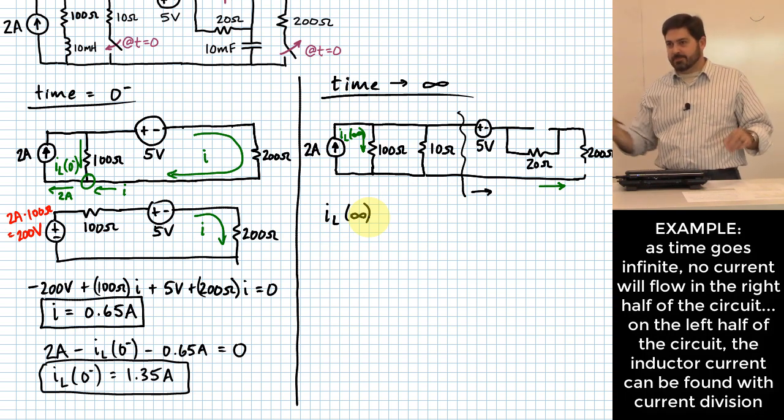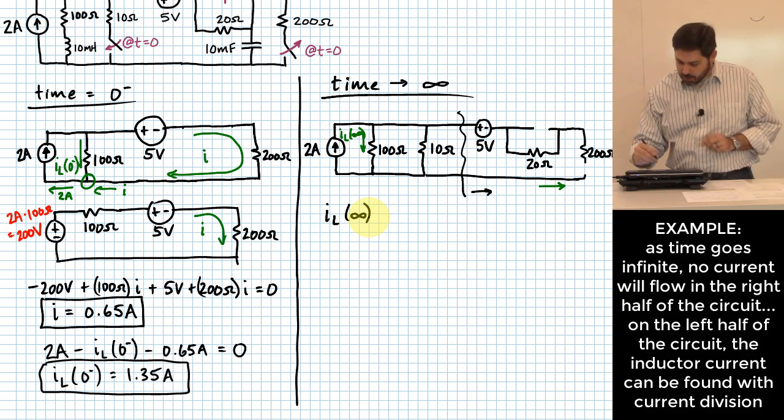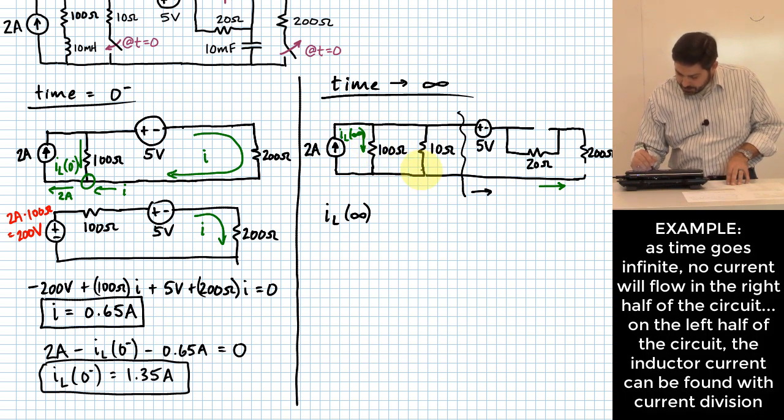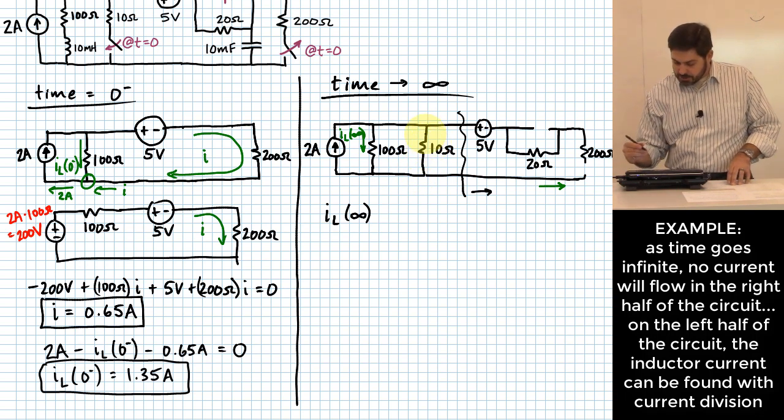Current division. Perfect textbook case of current division. I know how much current is flowing, and there's only two paths for the current to go: the 100 ohm resistor and the 10 ohm resistor. So this is a perfect setup to use current division. How do you use current division?